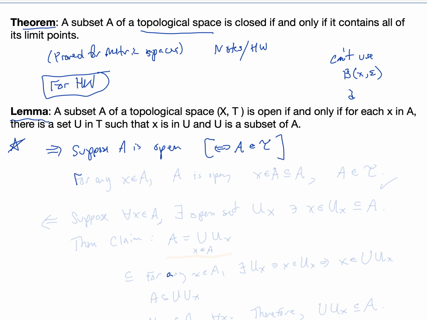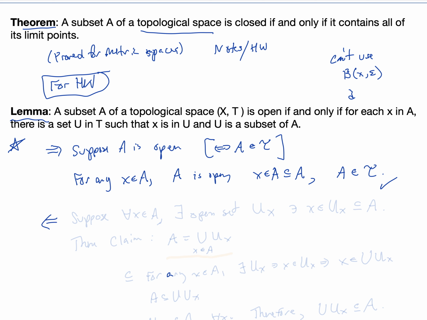For any x in A, since A is open, x is an element of A, which is a subset of A. Any set is a subset of itself. And because A is open, that means it's in the topology tau. So the one direction is kind of immediate, just understanding the definition.